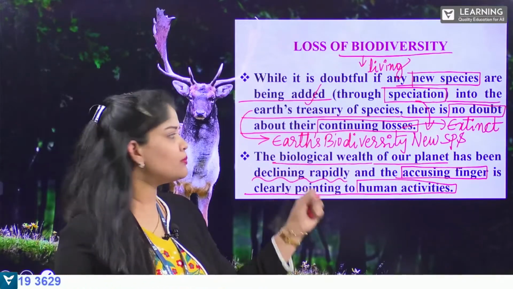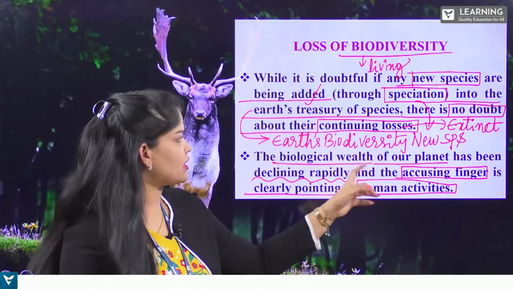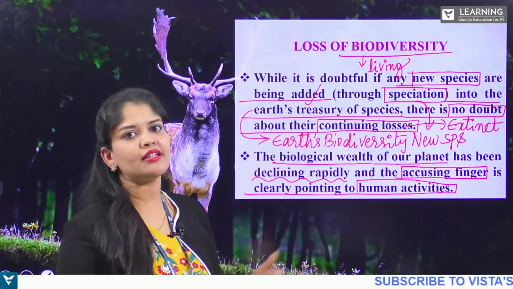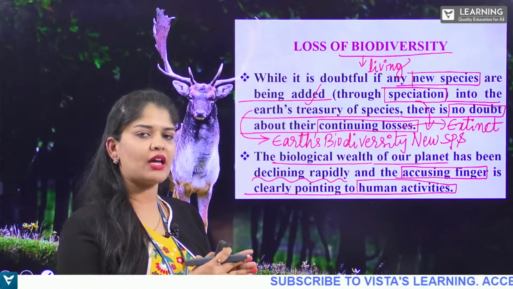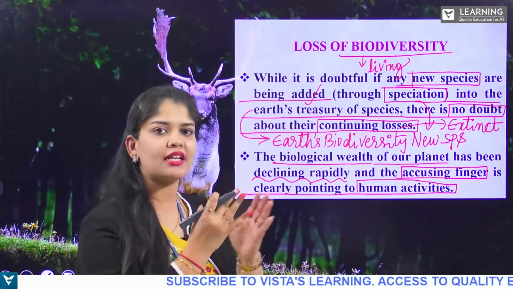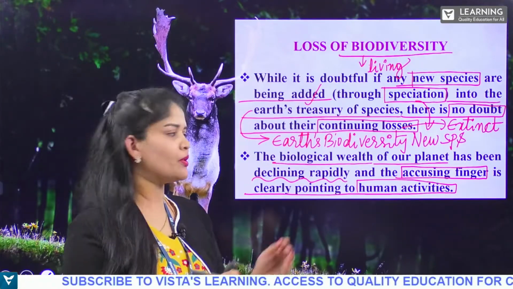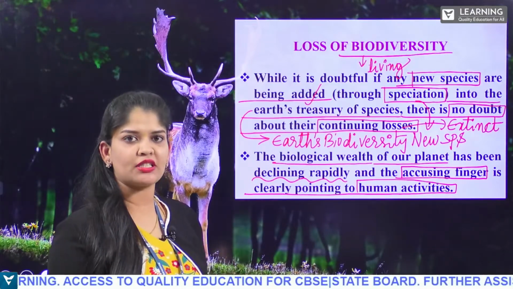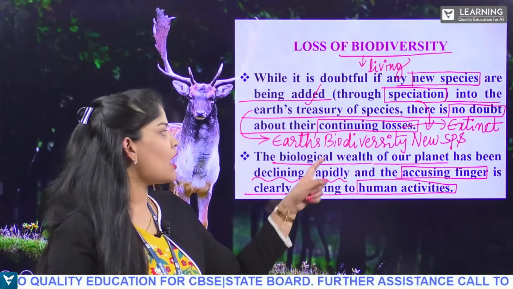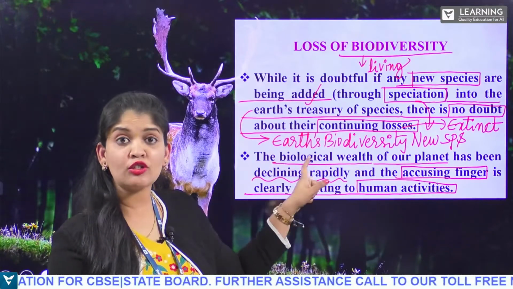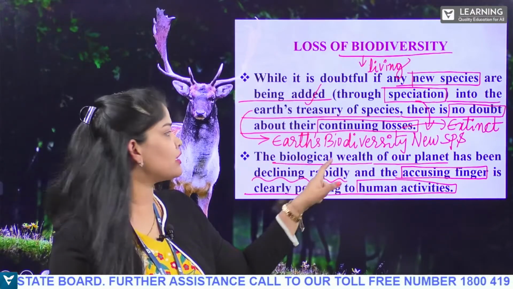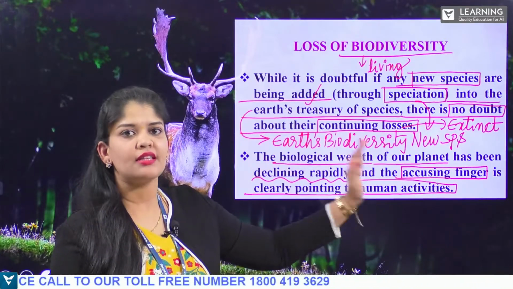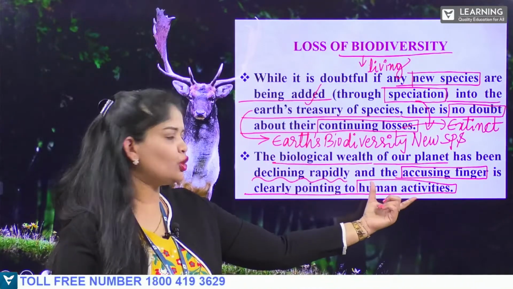Earth's biodiversity has been declining rapidly, which means the loss is happening continuously. The health of the biological diversity present on planet Earth is being affected, and the single reason why this loss of biodiversity is happening and why the health of biological communities has been affected is human activity.